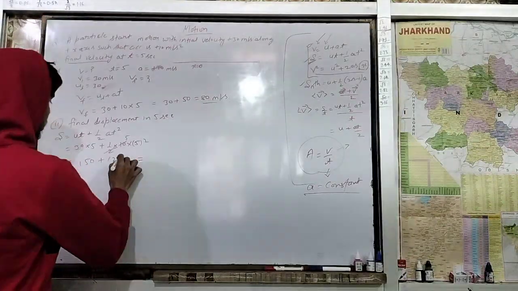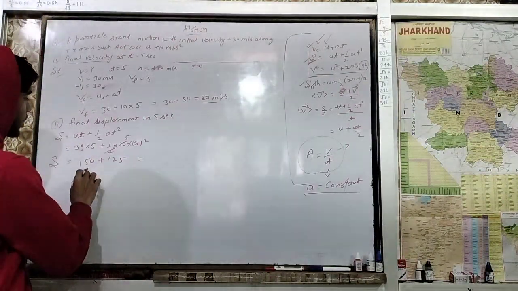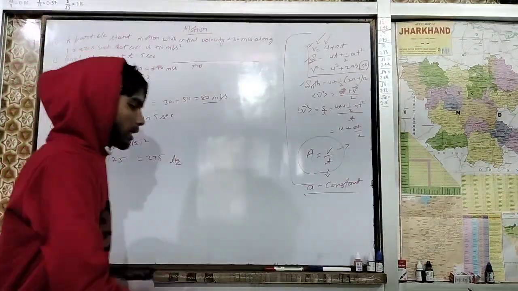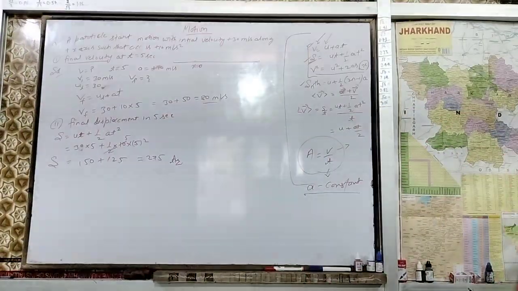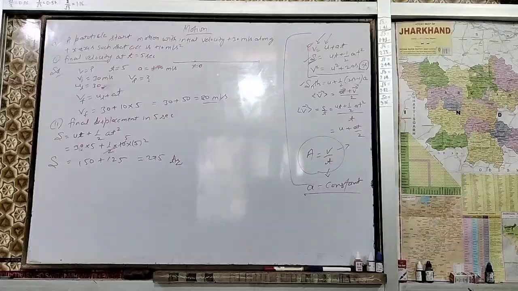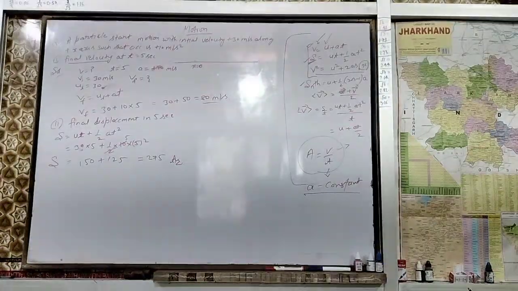So we got our displacement, 275. This is our final displacement, where initial velocity is 30 meter per second and final velocity is 80 meter per second. So our displacement is coming as 275.